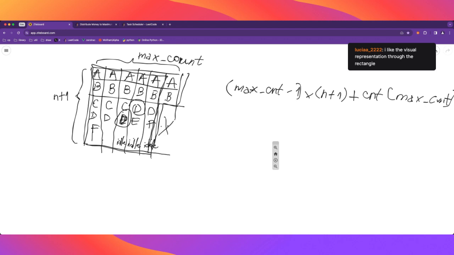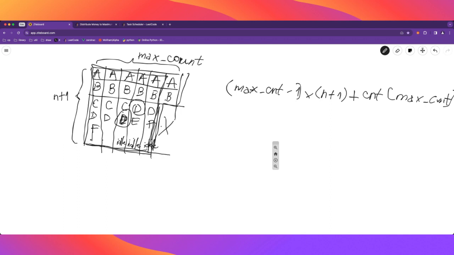But what happens if we have more tasks? If we exceed the size of this rectangle, then notice that we can still fill it and keep going beyond the n plus 1, and we're still going to comply.